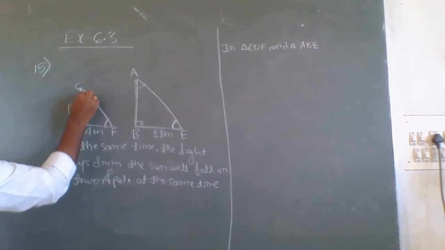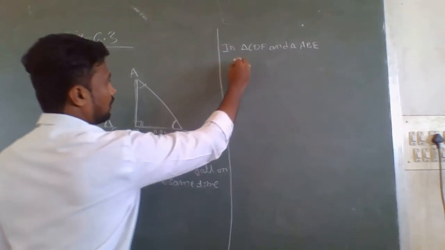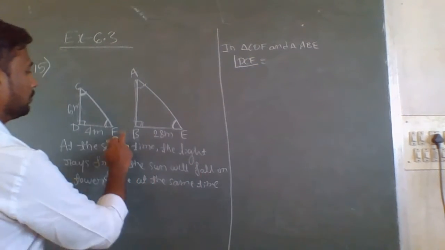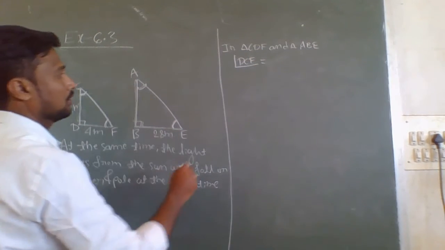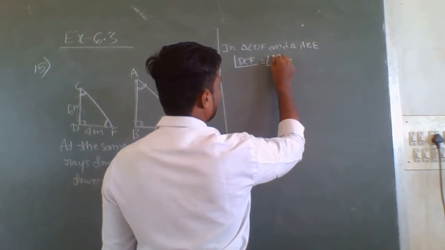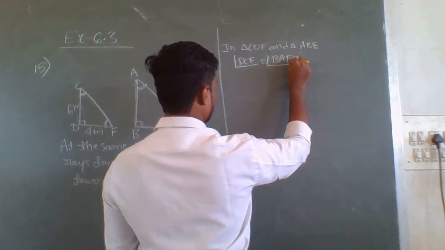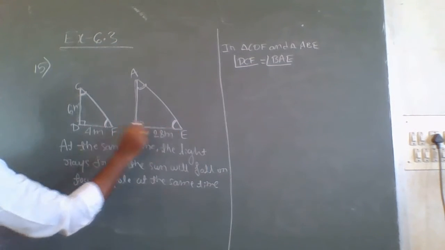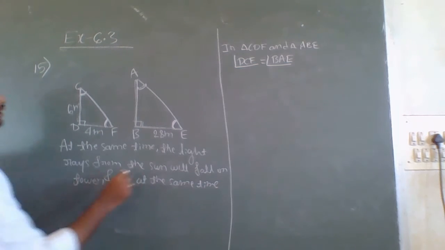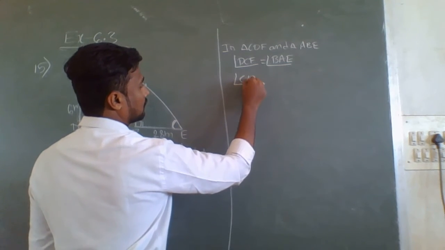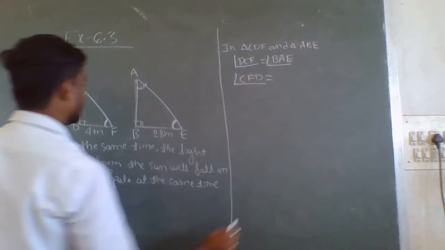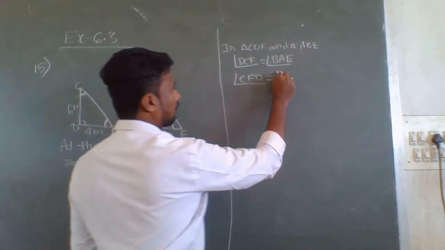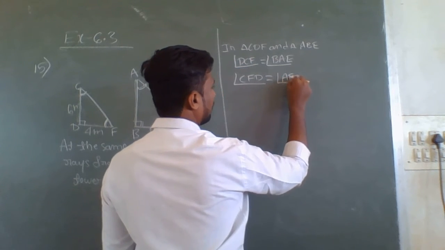Angle DCF equals to angle BAE. Like that only we know that these two angles are equal. Therefore, angle CFD equals to angle AEB.